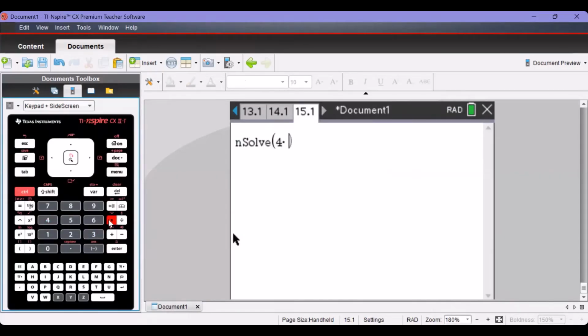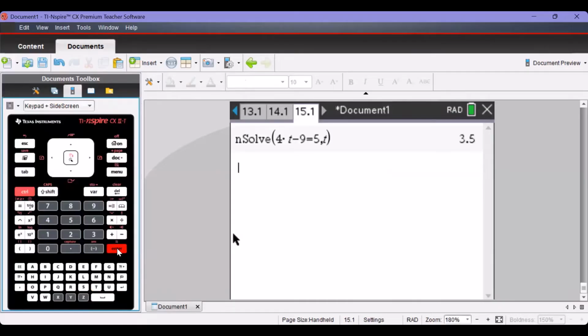And then what we want to do is equate 4t minus 9, which is the i component of vector RA, to the x coordinate of P, which is 5. And then we solve that with respect to t. Press enter, and we get a t value of 3.5.